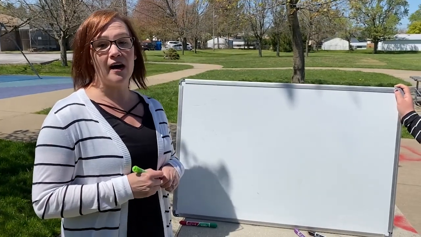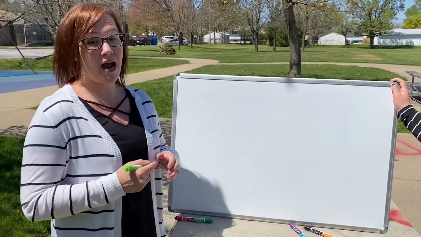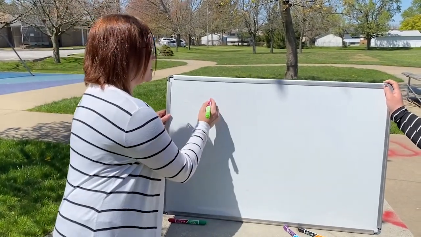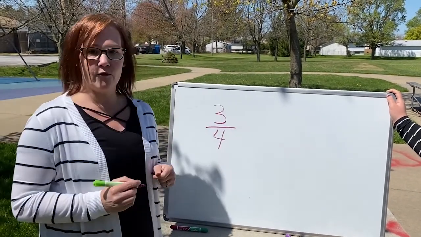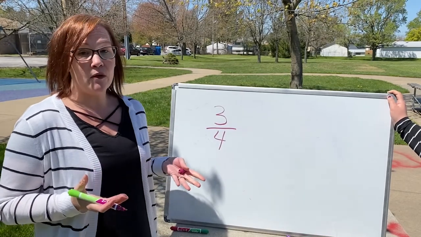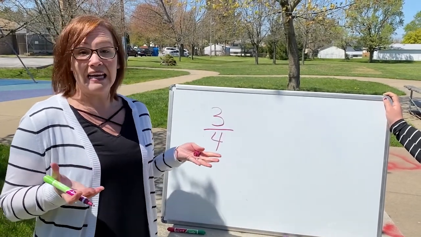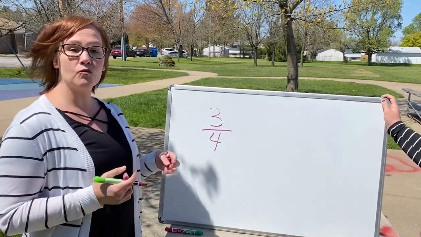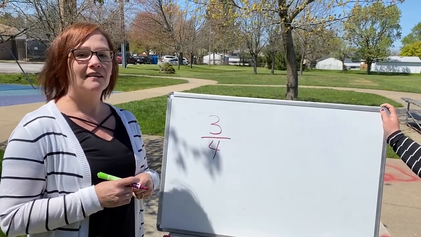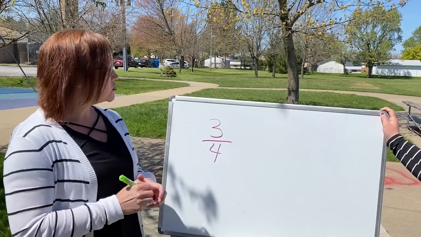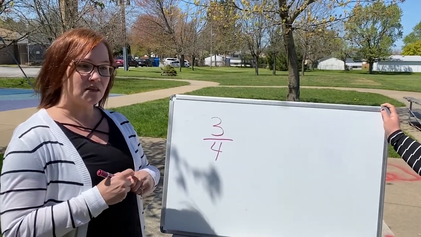Now that we know how to find equivalent fractions, let's practice. So if I have the fraction 3/4 and I want to find an equivalent fraction, can I just use any number as long as I follow the rule, whatever I do to the bottom, I must do to the top? Yes, I can. So I'm going to use multiplication.